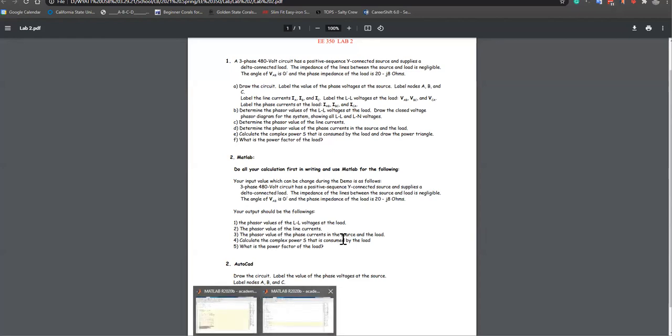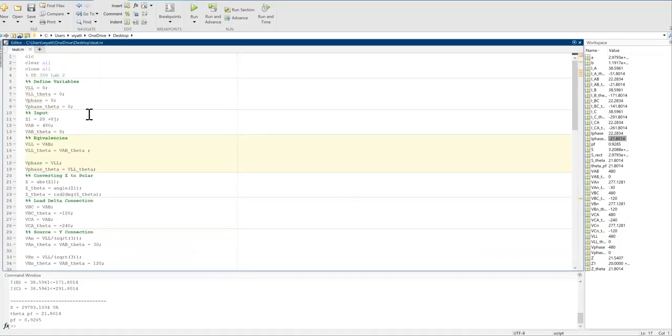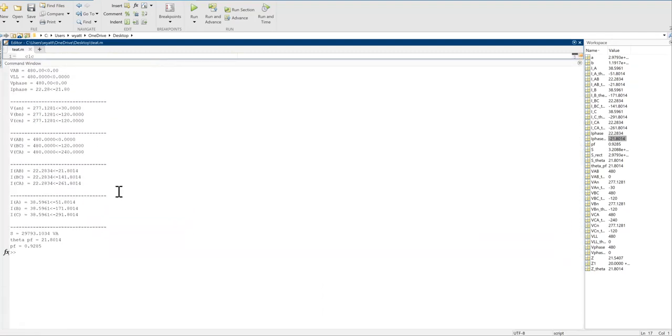But if it does change its connection, if it was, say, a delta source and a Y load, the MATLAB code that we just wrote would not work. We need to make sure that we understand that this is for this exact problem. And if you do follow along, you'll be able to replicate what I got.